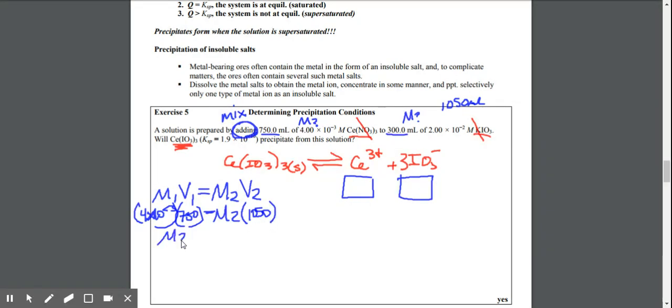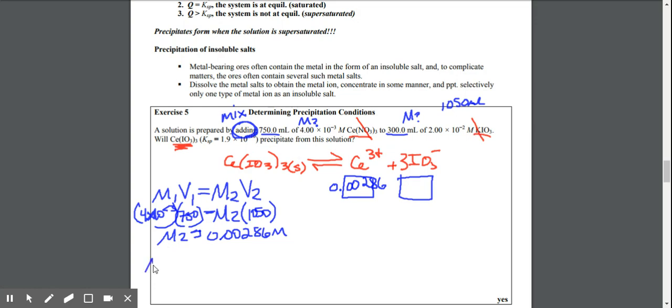I solved for the new molarity, and I ended up getting 0.00286 molar. So this is the molarity that I'm going to plug in right here. 0.00286. Now I'm going to do the same exact thing with the IO3.